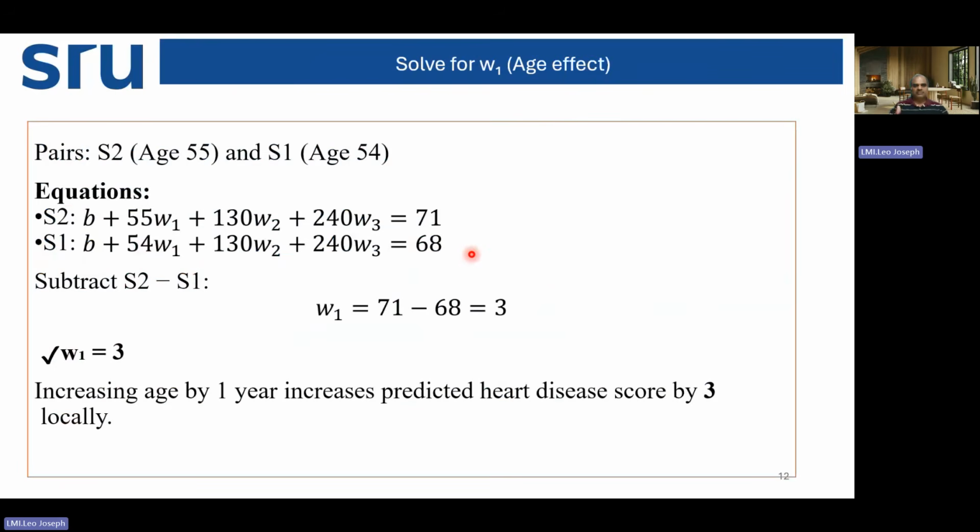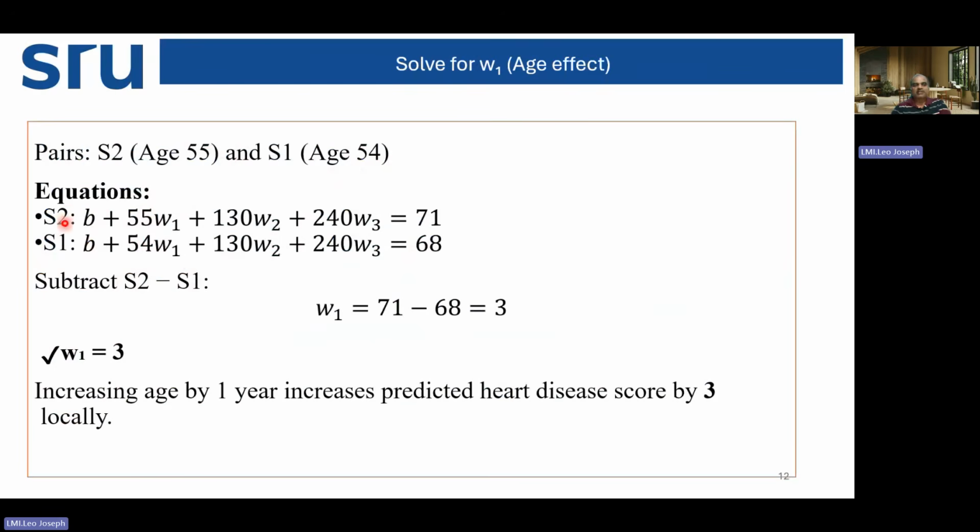This is the original sample. For the age of 55, this is the set. For the original age of 54, this is the set. The bias will be the same. Now you can see 55 and 54 are the only difference. Only one parameter is varying. How much? 1. Understand, the 54 and 55 difference is 1.